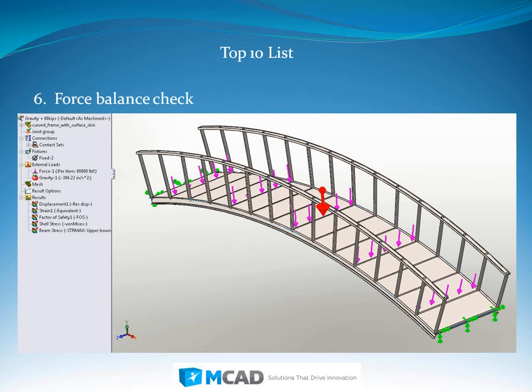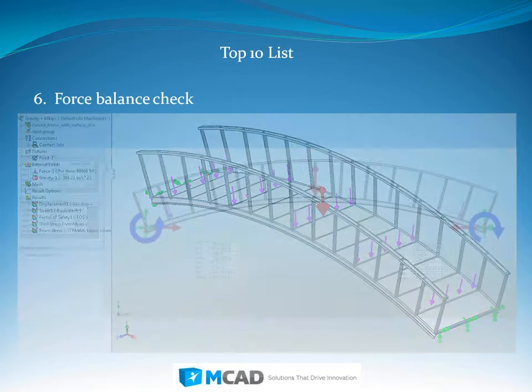So we also have in green the areas that have been restrained to fix the model in space. So what we can do then to check on things is to right-click on the results folder and go into the result force dialog box.